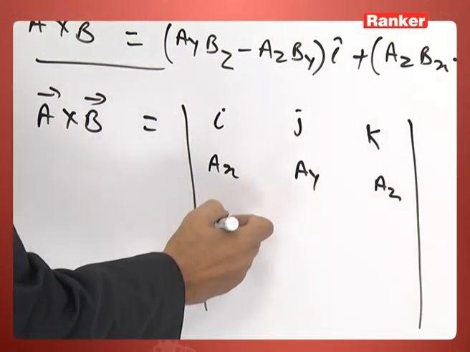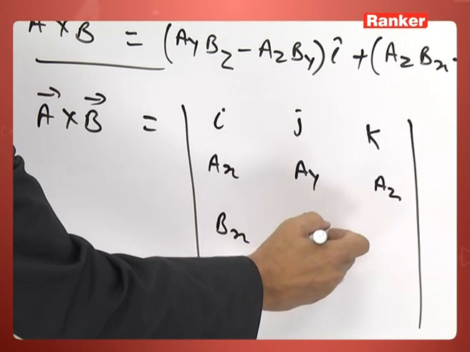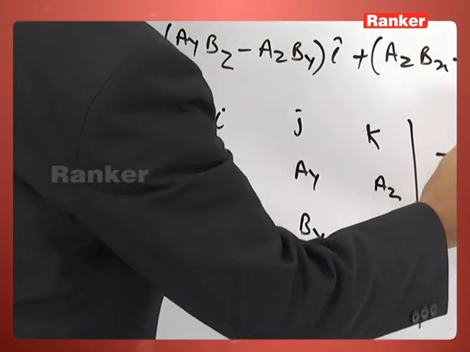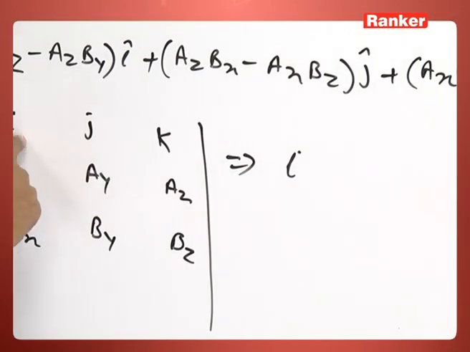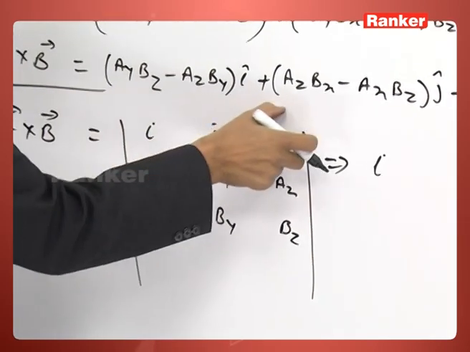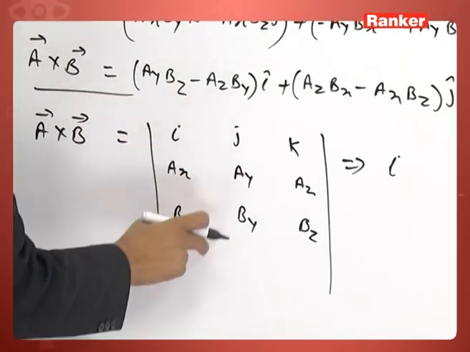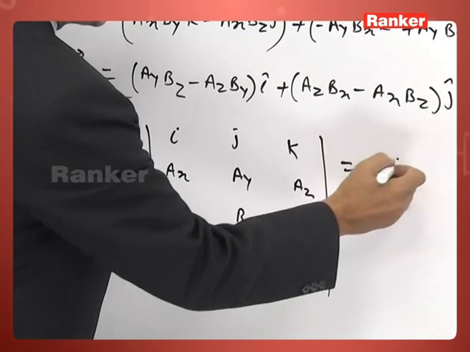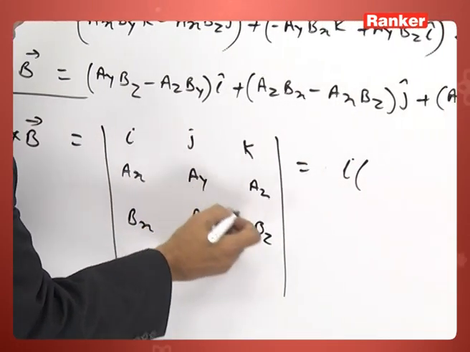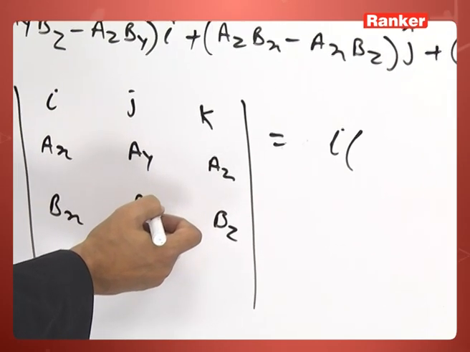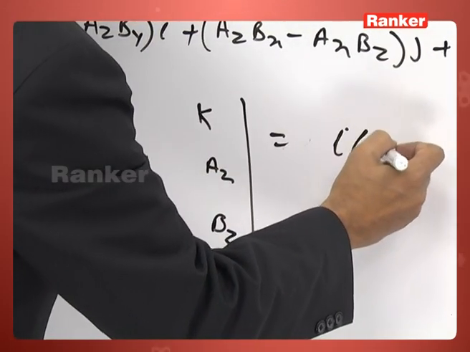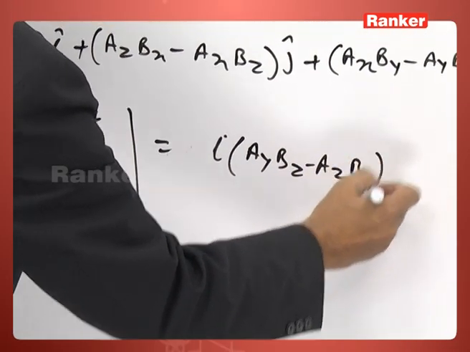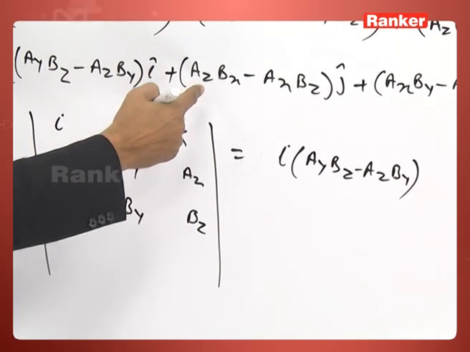Then write the coefficients of B: bx, by, bz, and this determinant we can solve. How are we solving? For i, leave this row and column, then whatever is left, cross multiply. So this is equal to i times (ay bz minus az by).